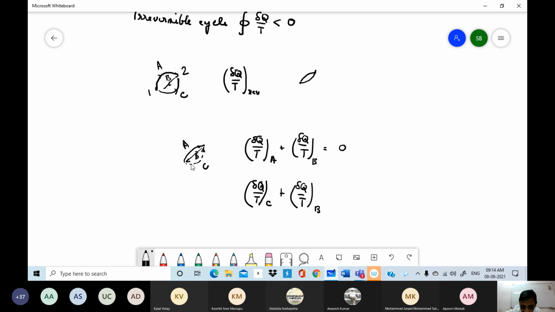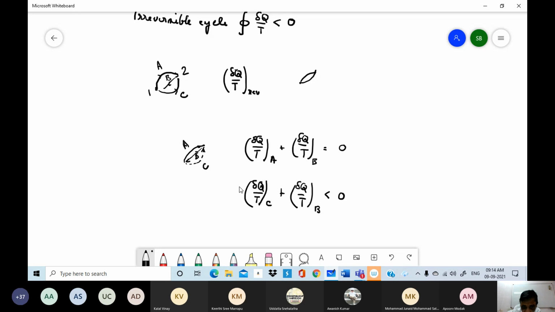So then this process C therefore is irreversible. So for an irreversible cycle, we know from Clausius inequality this has to be less than 0. Now this and this are common. That means delta Q by T of C must be less than delta Q by T of A, if the sum of these two is less than 0 and the sum of these two is 0.